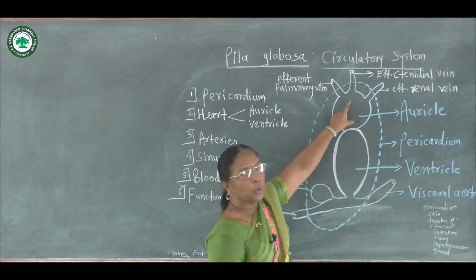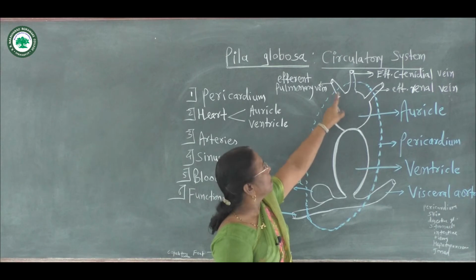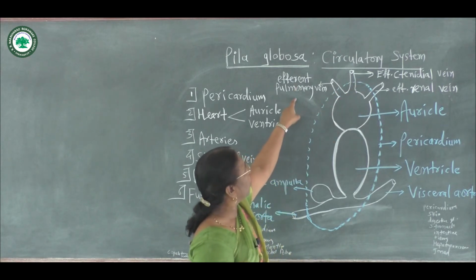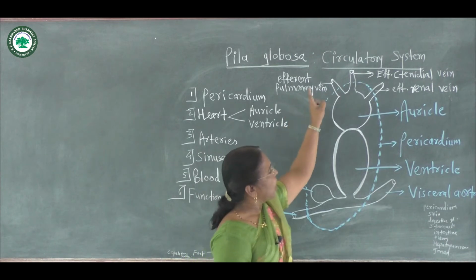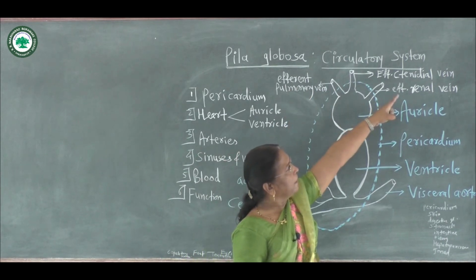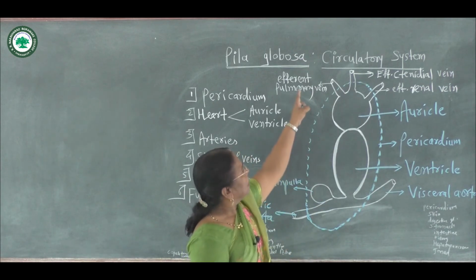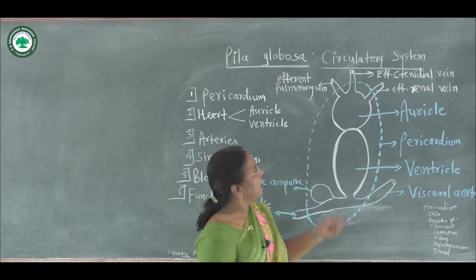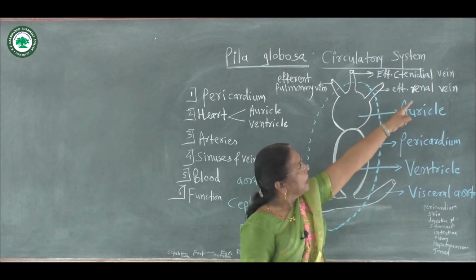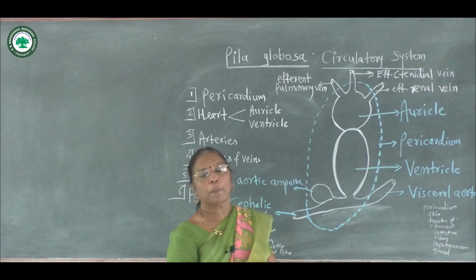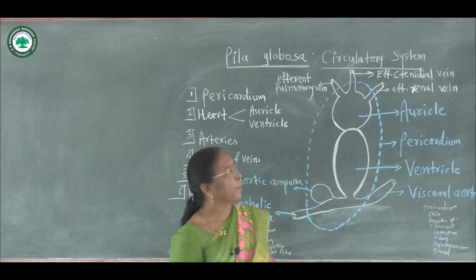Here there is no pure blood in the auricle because these two collect oxygenated blood from the pulmonary sac or lung, and the ctenidium or gill, both having oxygenated blood, but this efferent renal vein collects deoxygenated blood from the posterior chamber of the kidney.